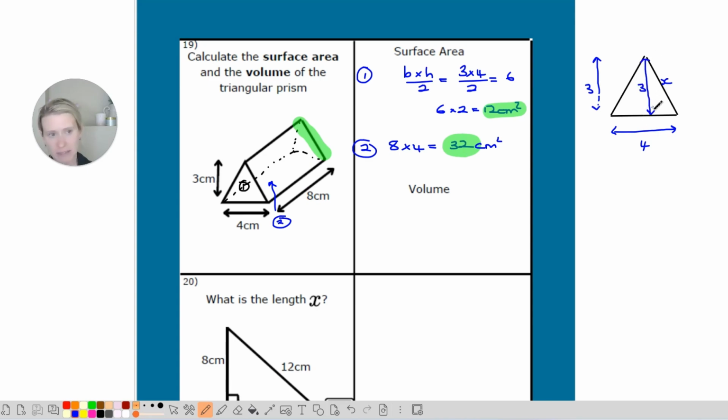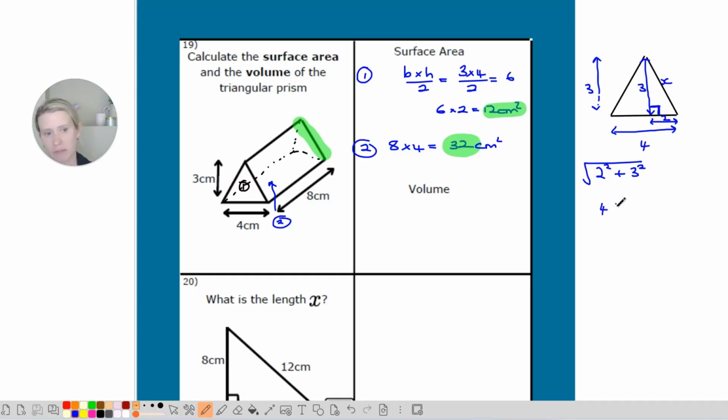Now, if I split that triangle up, can you see I've just created myself a right angle triangle? That base there is 2, it's half of the 4. The height is 3, so we can use Pythagoras to work out what that hypotenuse is going to be. We're doing 2 squared plus 3 squared, and then square root our answer.